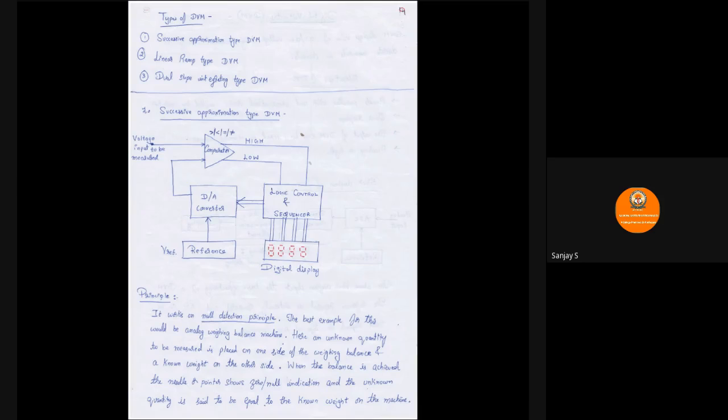That is called the null detection principle, where if the quantities weighing on both sides are equal, the indication reads zero or null, indicating balance. The same logic is applicable to successive approximation type DVM in order to measure the input voltage.